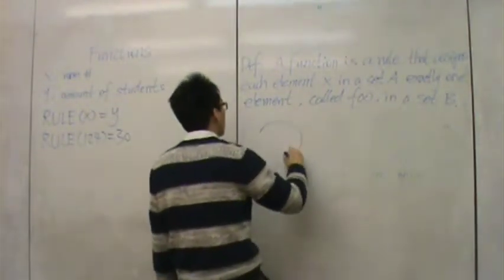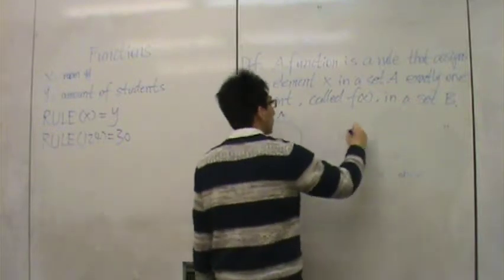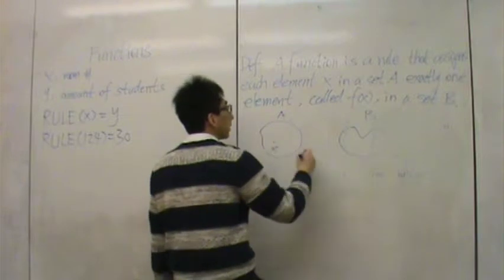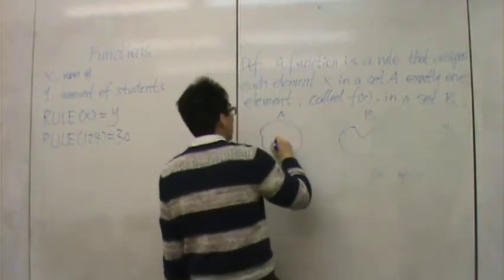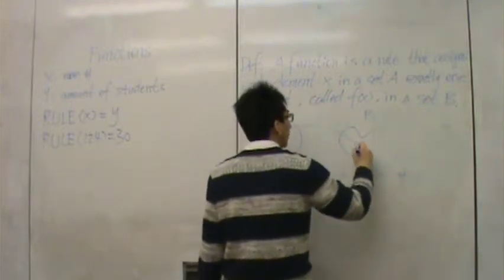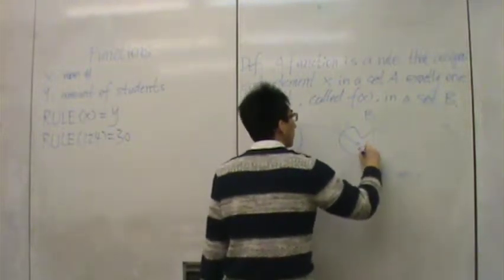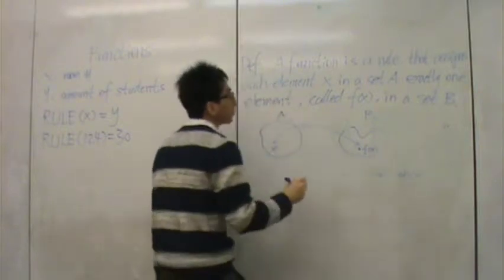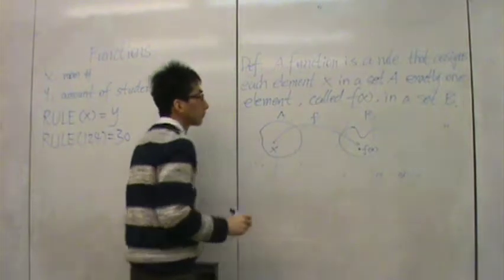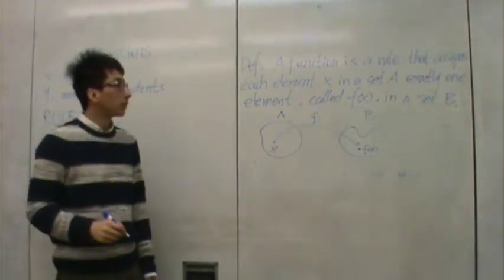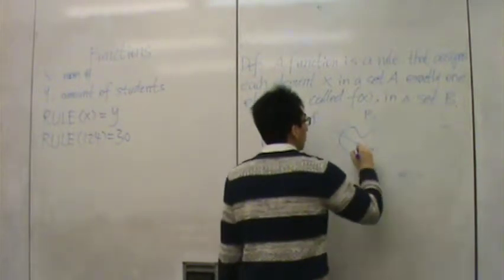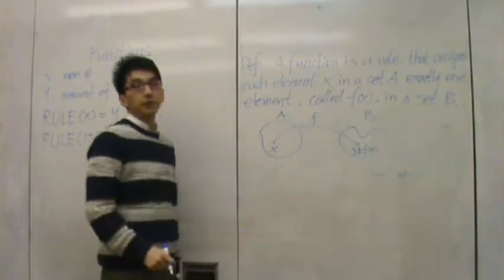Suppose this is set A, this is B, x in A. The function f maps x to an element, f of x. Many times we write y equals f of x.